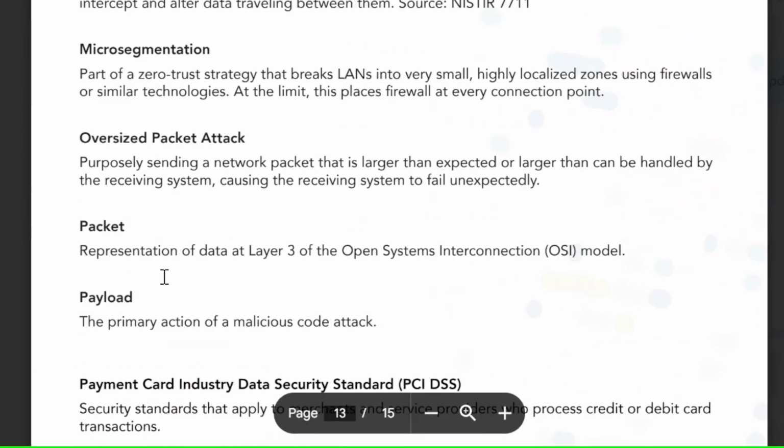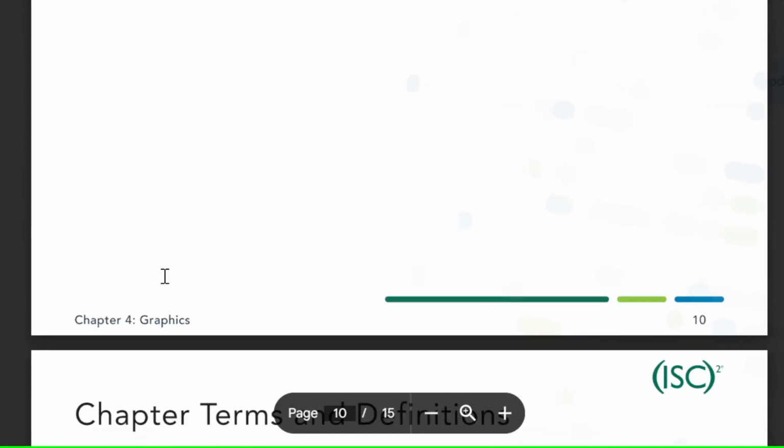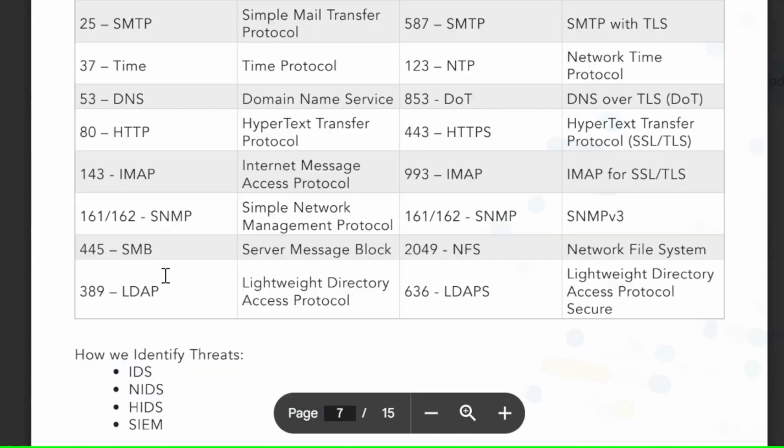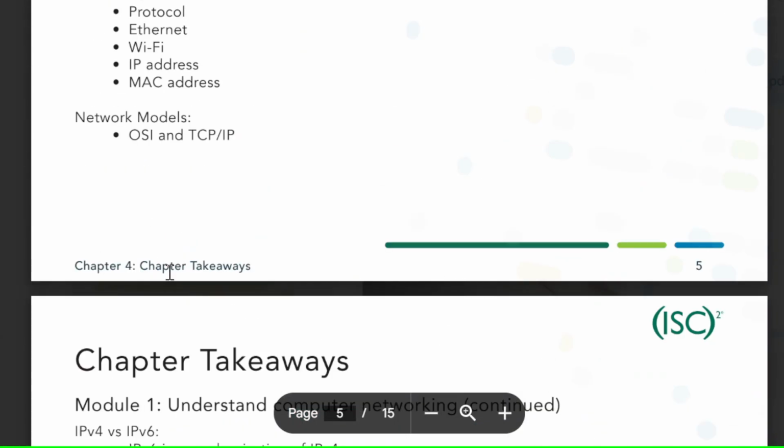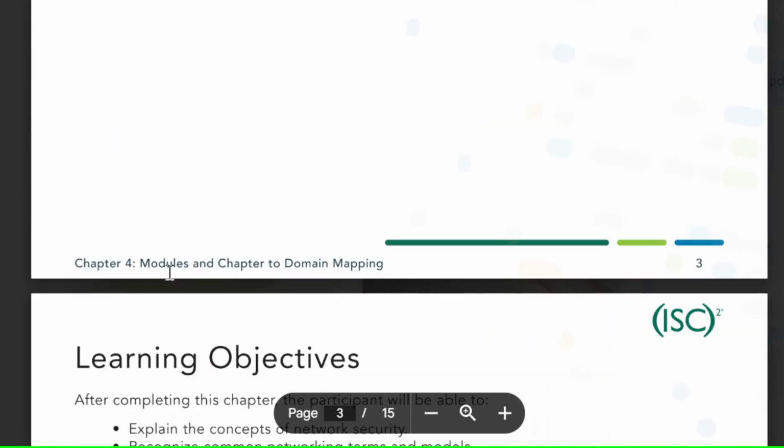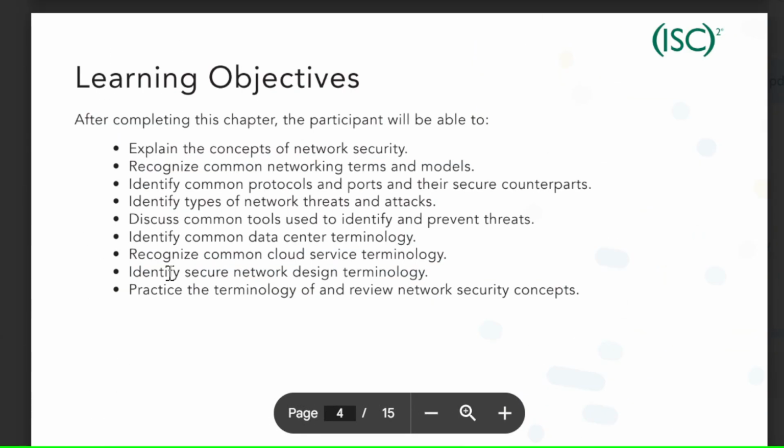Now we have a few terminologies related to network security. We'll understand them module-wise. So here are the learning objectives.